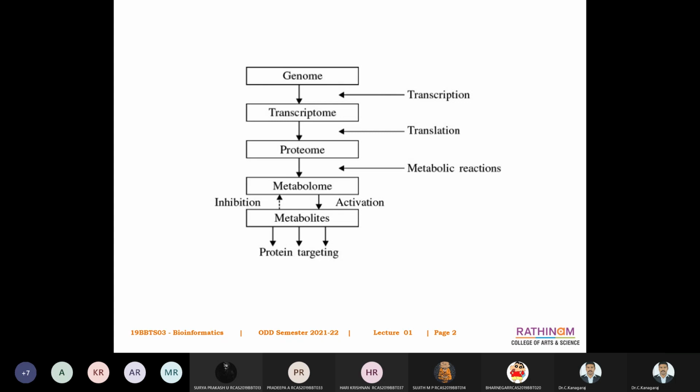So first we know the genome. After the genome, there is the transcription process, the transcriptome. Okay, gene means the coding for the molecules. Genome means it's structural. OME, it's structural molecules.